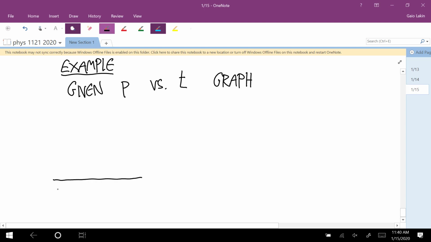So let's say that the position versus time graph is this. Let's say it starts here, does that. Okay.